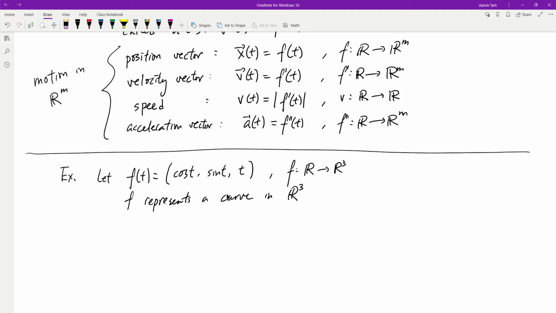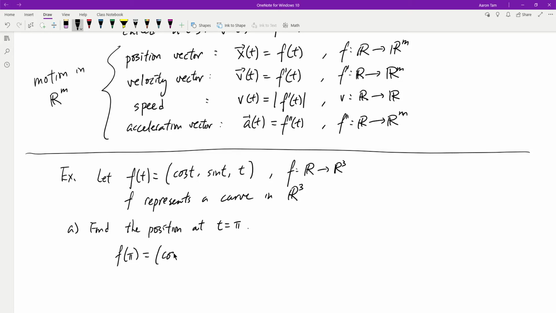Okay, so let's say we try to do the following. Let's go do A. I'm going to ask you to find the position at t equal to pi. How do I find the position? The position is given by the function f. So when I ask you to find the position at t equal to pi, I'm basically asking you to do f of pi.